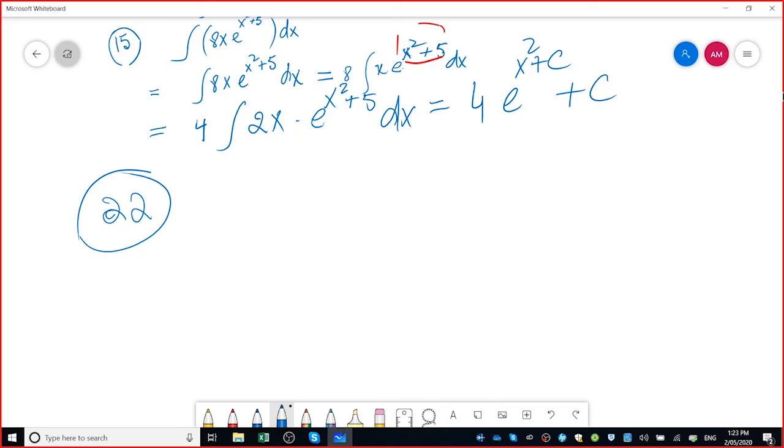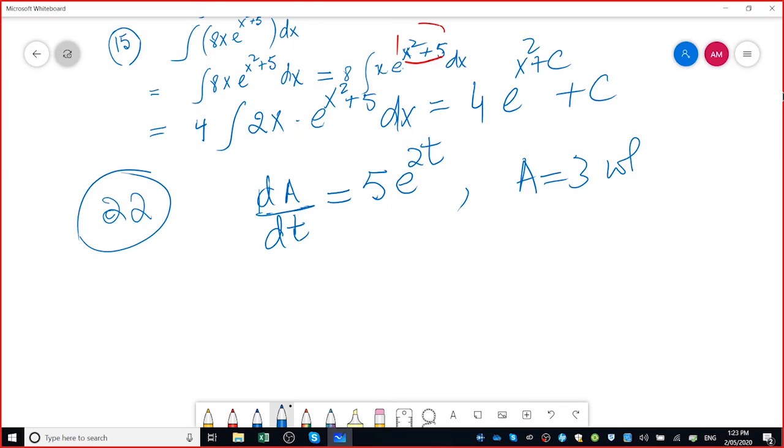So first part of this: dA over dt is equal to 5e to the power of 2t, and A is equal to 3 when t is equal to 0. How to find A in terms of t?